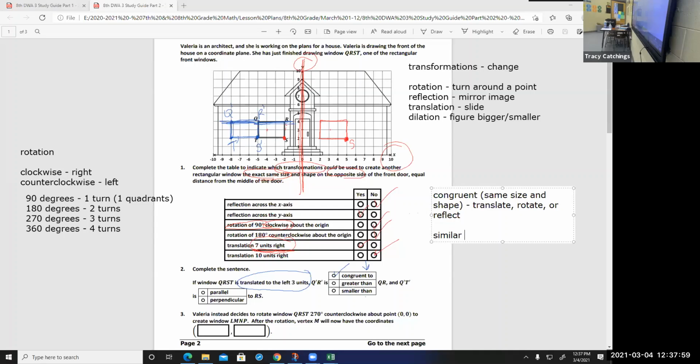We get a similar shape, and similar shapes have the same shape but a different size, anytime it's a dilation. So with the first 3, we would end up getting a congruent shape. With the other one, we would end up getting a similar shape.